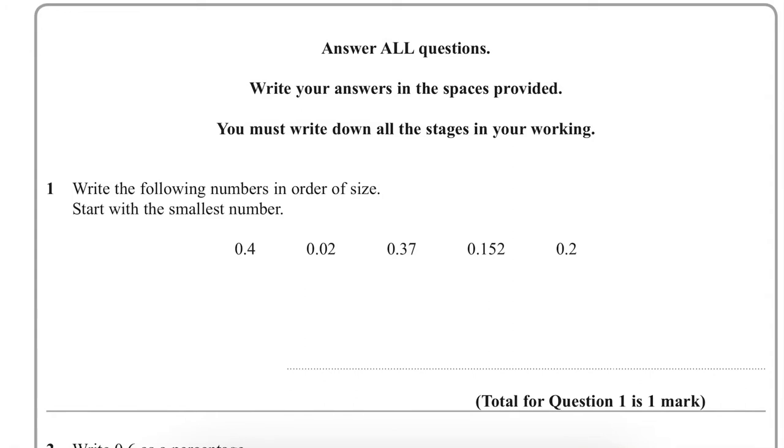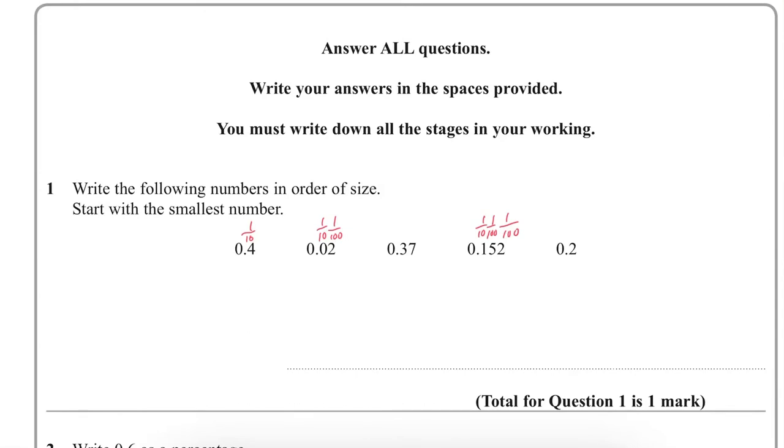So we know with decimals that this first place is a tenth, and the second place is a hundredth, and the third place is a thousandth, getting smaller and smaller.